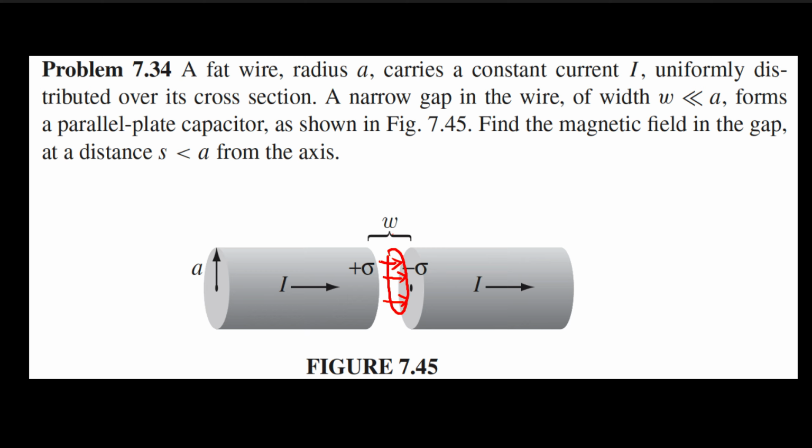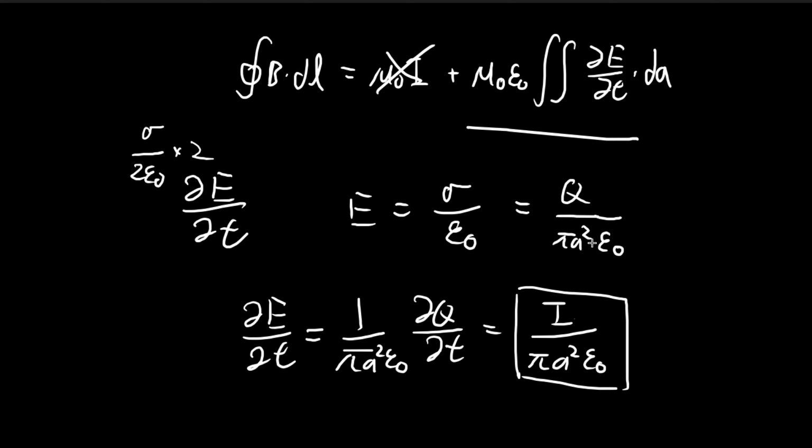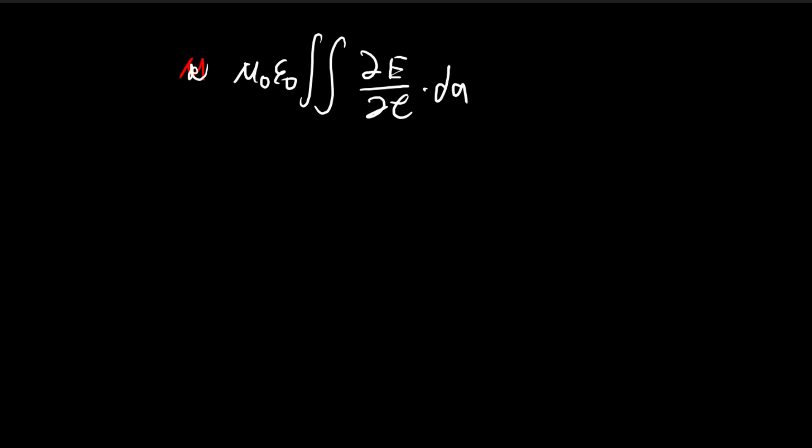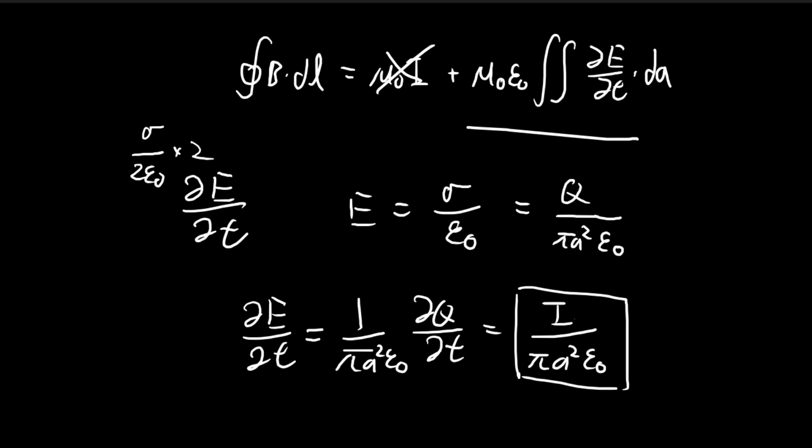So it's going to go around the arrows like this. You can imagine if you're standing here and looking in this direction, it's going to go in a clockwise direction. And if we choose this, then our dA is also going to be pointing in this direction thanks to the right-hand rule. So you see that our dA and our electric field are pointing in the same direction. Since it's pointing in the same direction, we can just take away that dot product. It's just equal to 1.